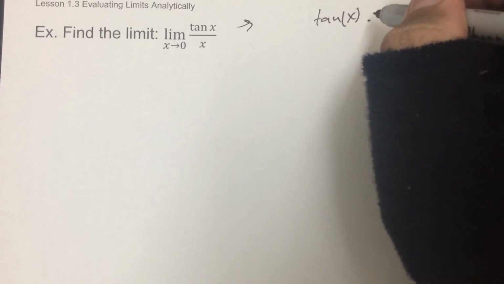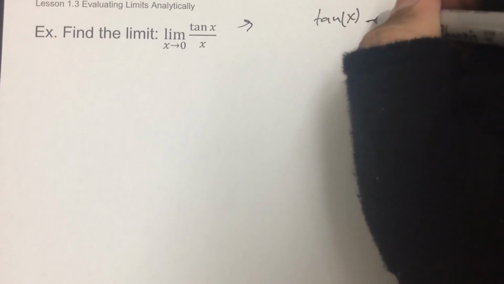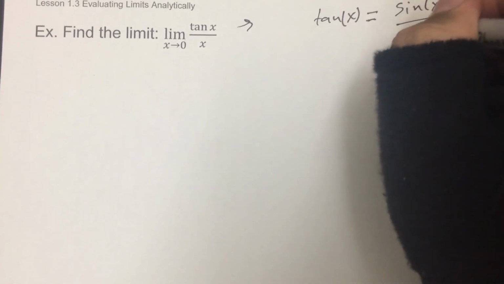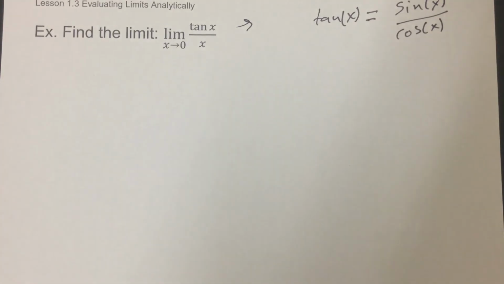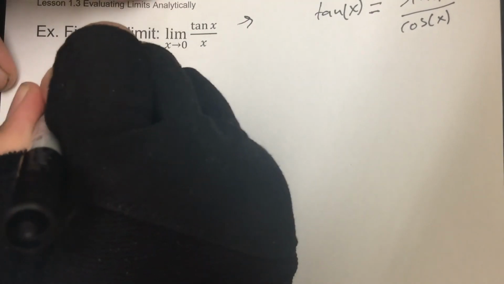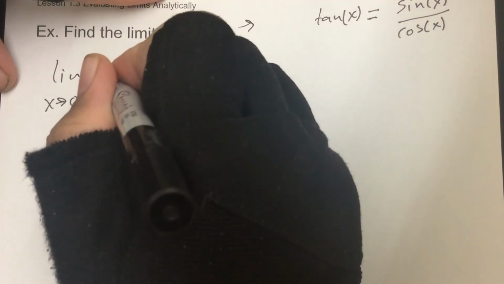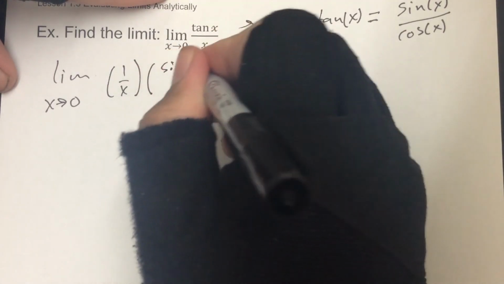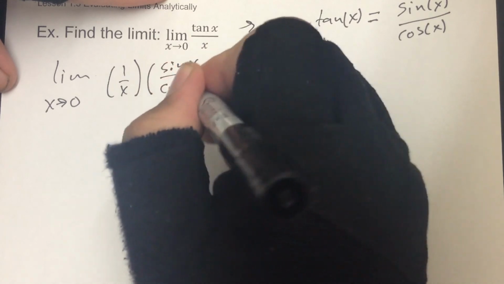It's not a reciprocal identity, but a quotient identity, where tangent of x is equal to the sine of x over the cosine of x. And that's what's going to get subbed in here. So the limit as x approaches 0 of, and I'm going to make this 1 over x for the bottom, tangent is going to become sine x over cosine x.